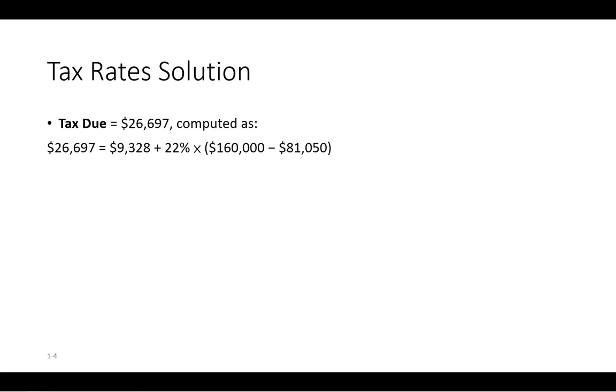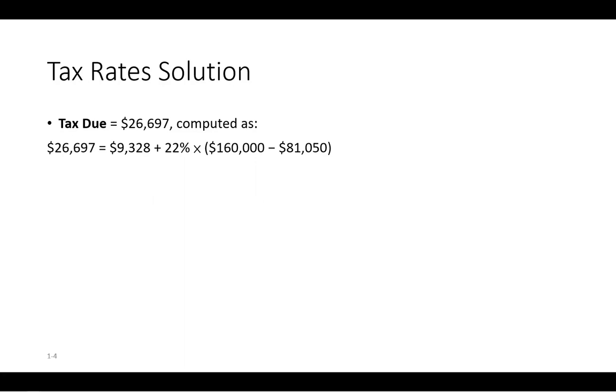It's also the tax on the income between $19,900 and $81,050, which is $61,150 of income. That's taxed at 12%. Those are prior tax brackets, we call them. And on that income, the tax is $7,338.